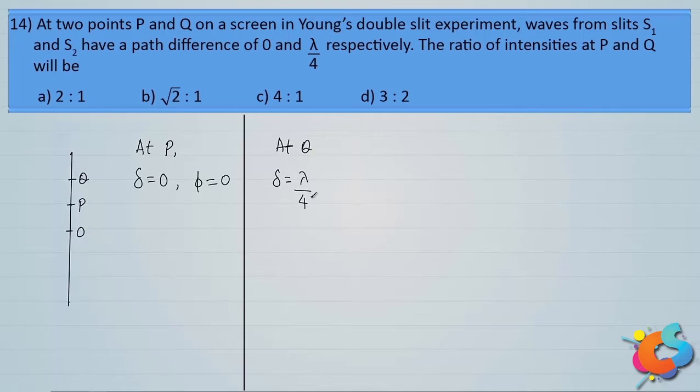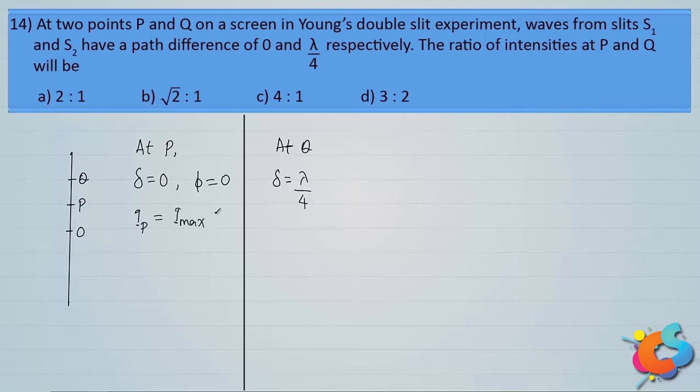But what we are supposed to find out is the ratio of intensities at P and Q. Now, what is IP, which is intensity at P? Whenever the path difference is 0, phase difference is also 0, then it means that the two individual waves interfere constructively, giving you maximum intensity, which is denoted as I max.